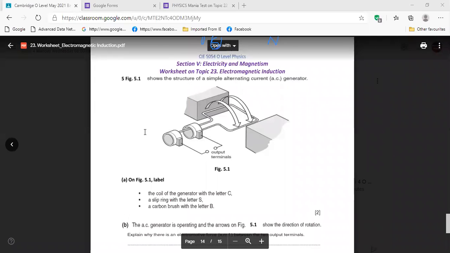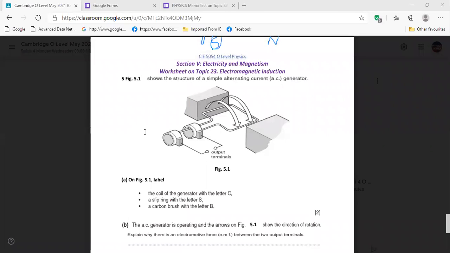Question number 5 and 6, did you try them? Yes, sir, I had a look at them. Okay, now this is your homework, question number 5 and 6. You got all the ideas already. Now you can do them. So Saturday we have class, and at the beginning of class we will solve this.